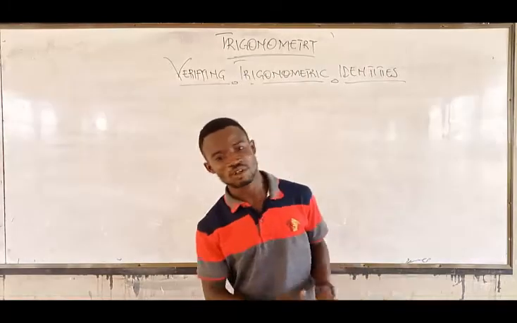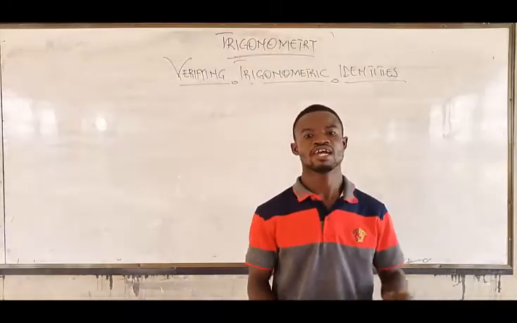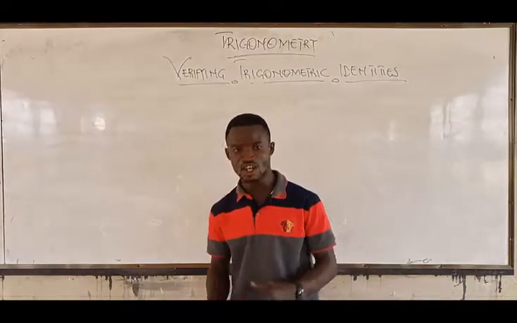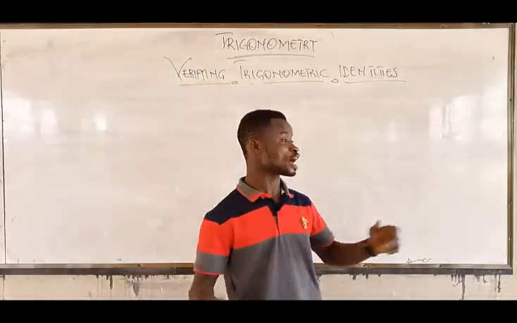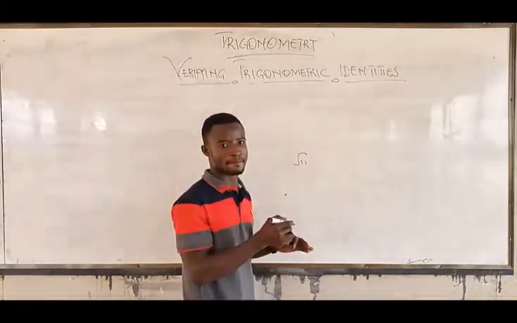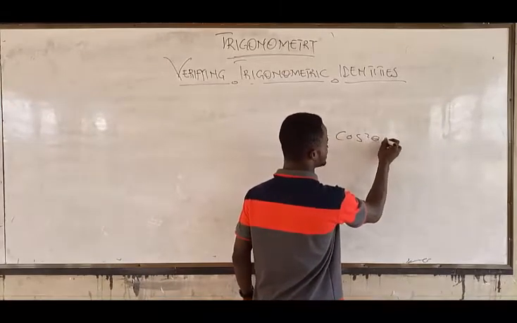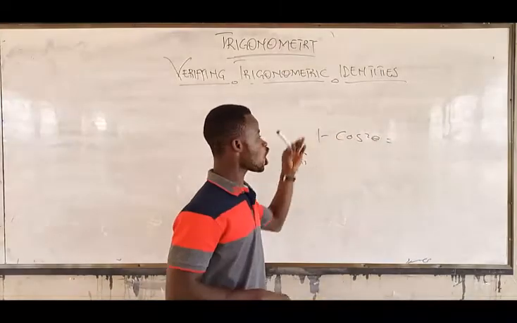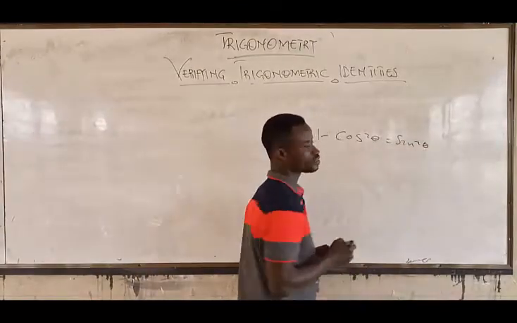Also be aware of the equivalent forms of the fundamental identities. For example, the moment you see 1 minus cos square theta, know that the other side is going to be sin square theta.